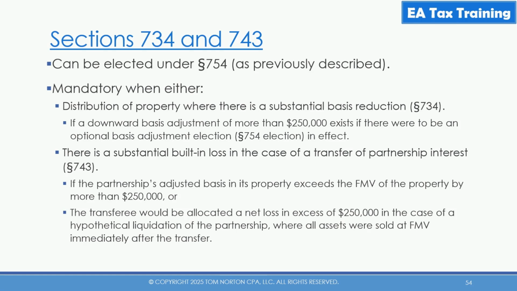So just remember 734 and 743, usually not in effect unless you make the 754 election. However, if you've got a greater than $250,000 downward basis adjustment, then you have to adjust the basis even if you did not make a 754 election.